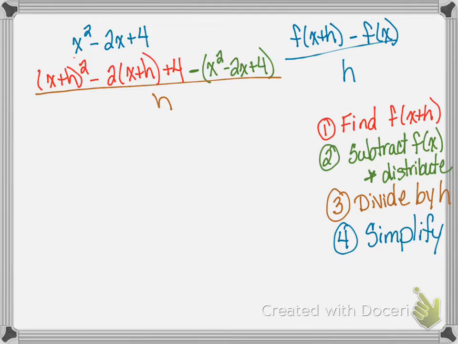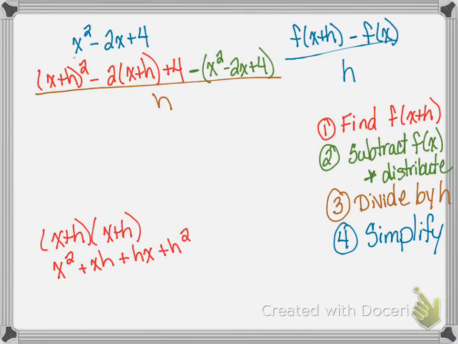And x plus h squared means x plus h times x plus h. So we have to FOIL that. X times x is x squared. X times h is xh. H times x is hx. H times h is h squared. So this is x squared plus 2xh plus h squared.